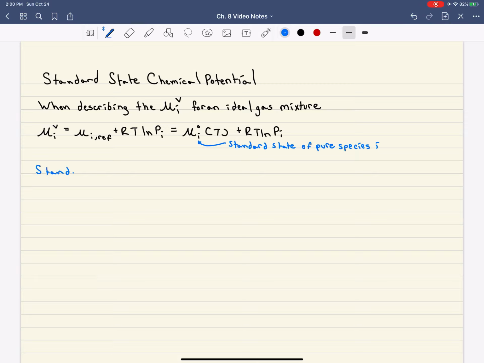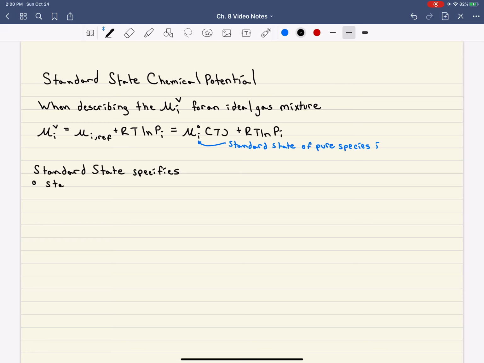And so when we talk about the standard state chemical potential, it's a term that's similar to a reference condition, and it's going to specify these things.